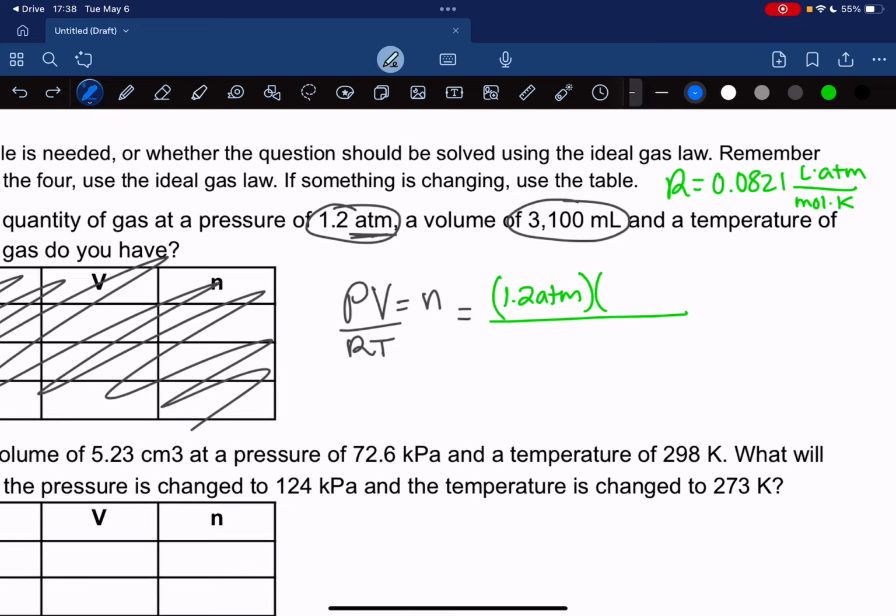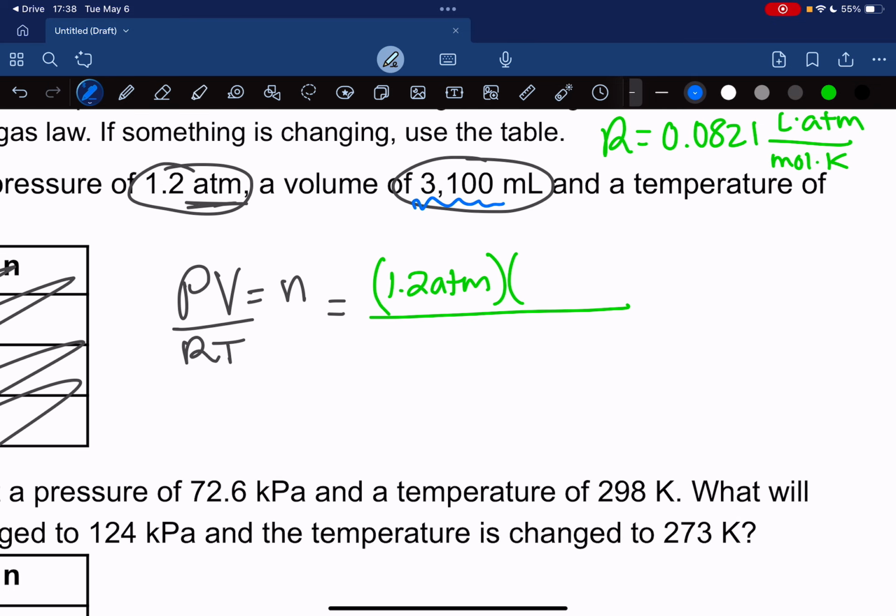So I'm going to convert 3,100 milliliters to 3.1 liters.